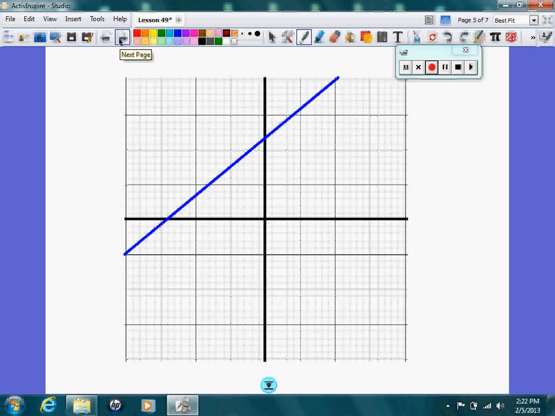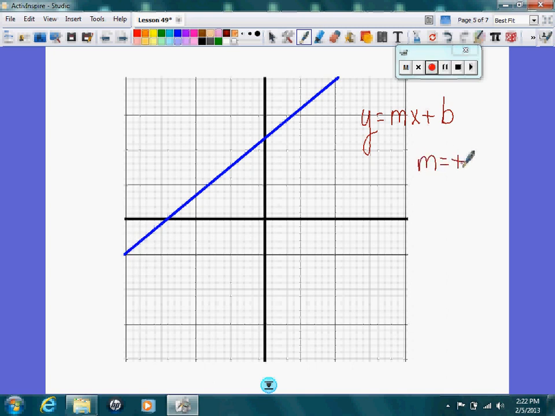Okay, what would be the equation of this graph? How would we do that? We've got our formula, y is equal to mx plus b. Let's see if we can figure out what the slope of the line is. The line goes up to the right, so we know our slope m is going to be positive.